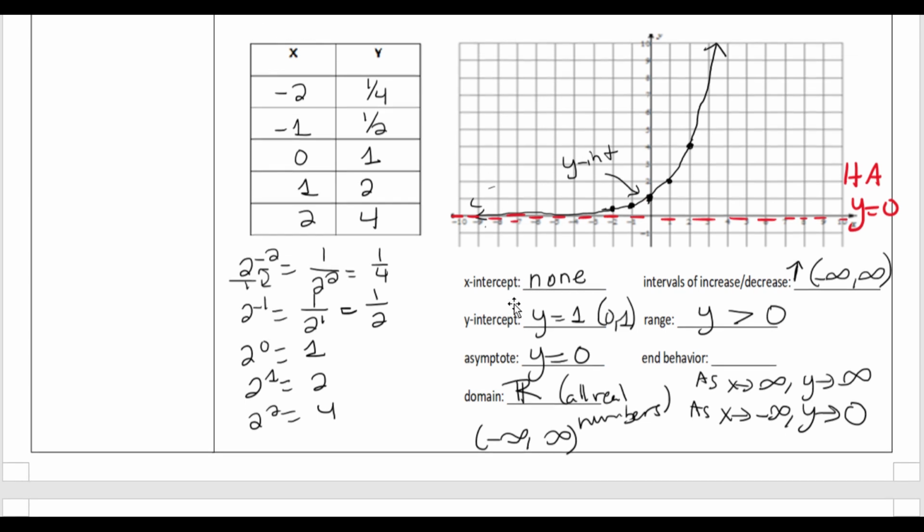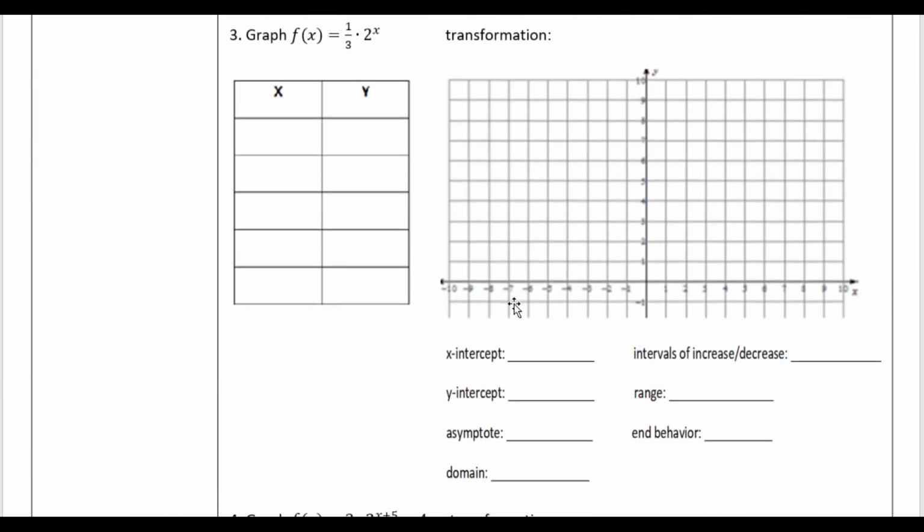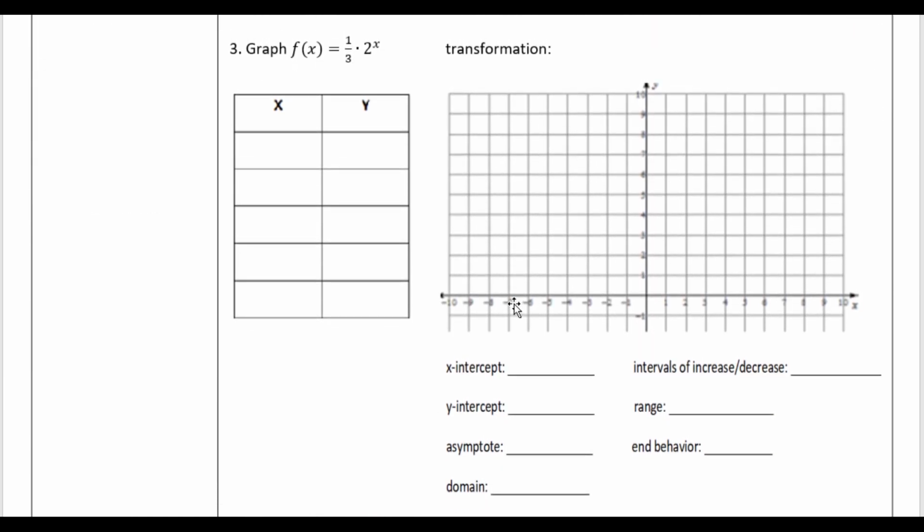So let me do another practice problem for you guys. All right, so again, now we have a graph. This time we have a transformation here. So we pretty much use our same numbers, since it's not going to change our results except for the 1/3.